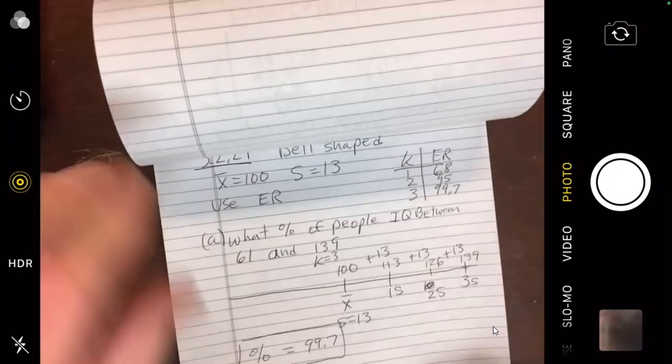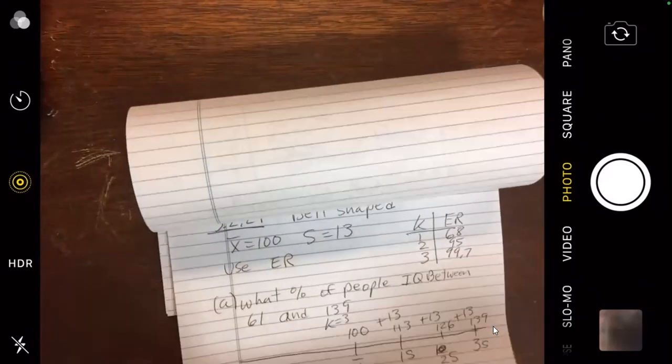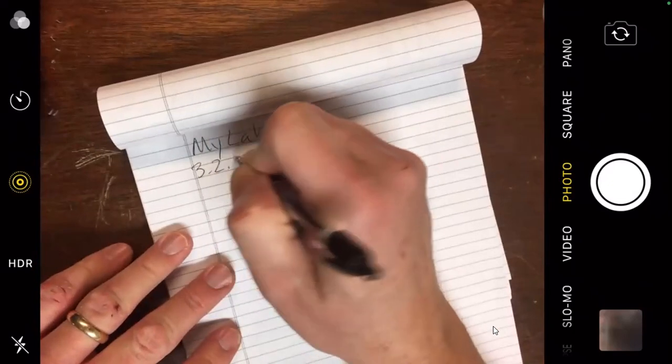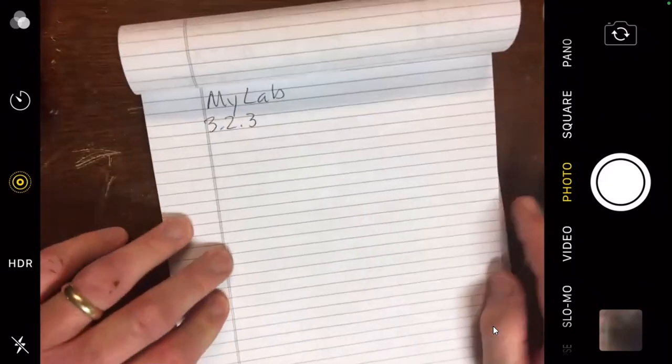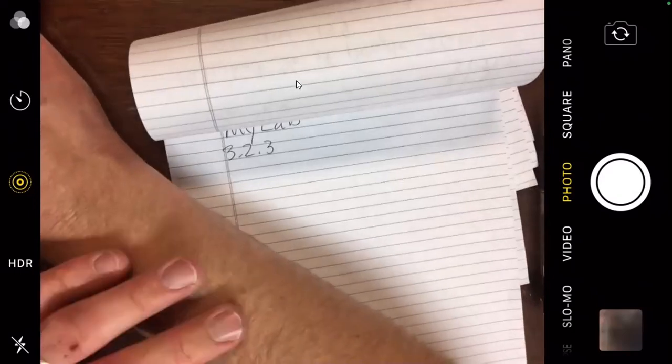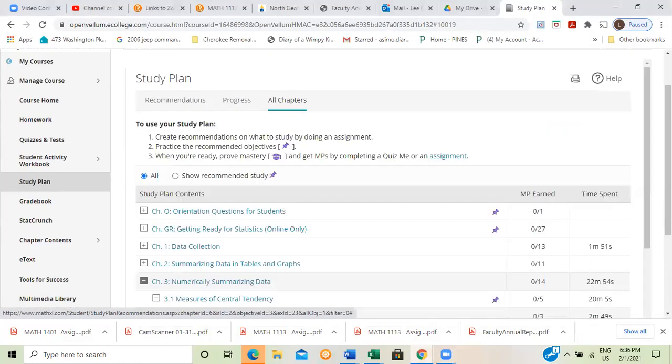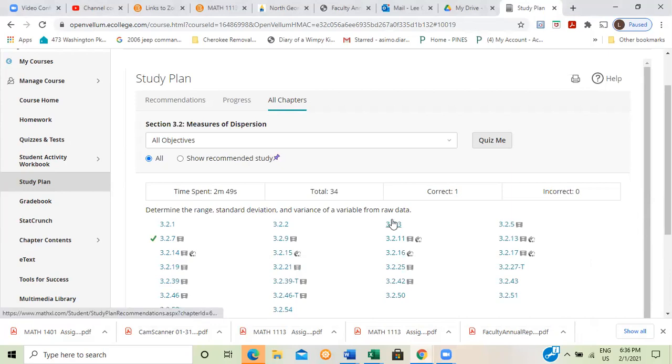Let me show you like 3.2.3, the kind of stuff that they have you do. One last example. Very first homework in my lab, 3.2.3. This is the kind of tricks they show you. Let me get back and show you the problem. Let's see if I can find it.